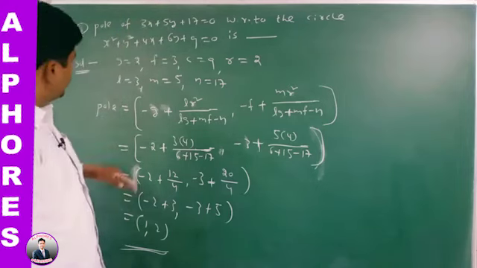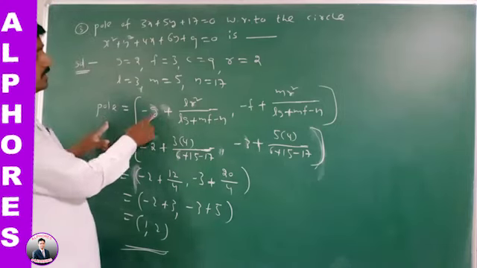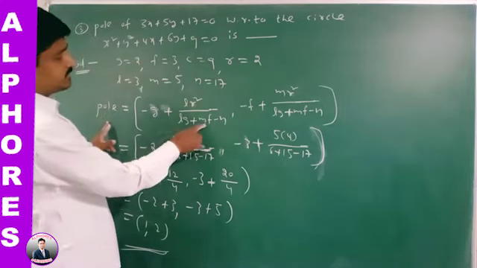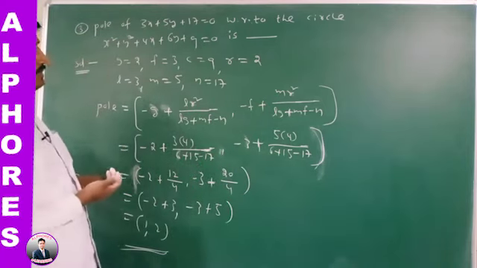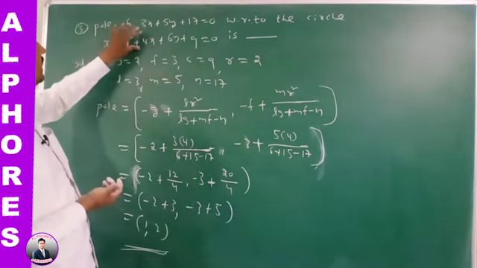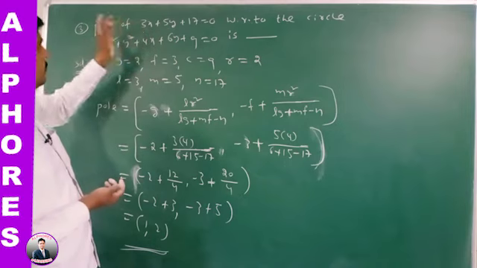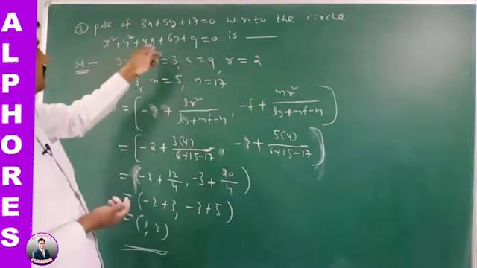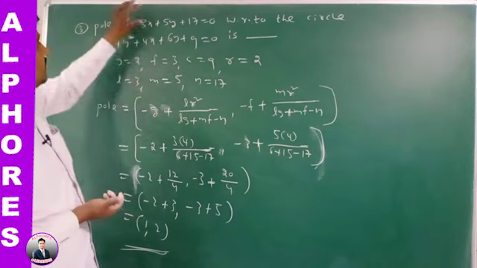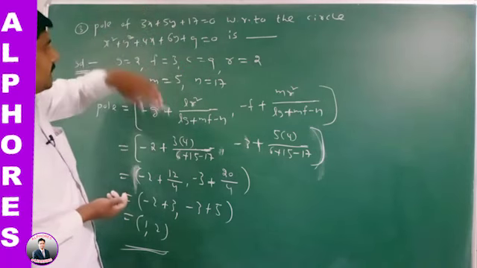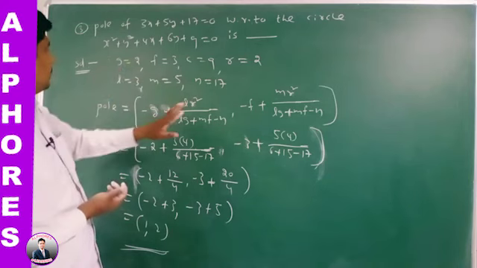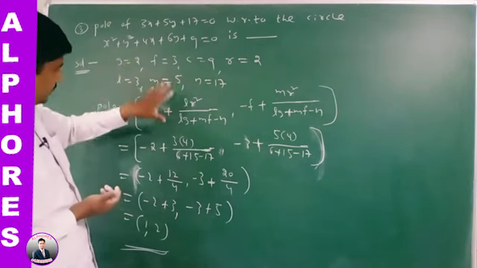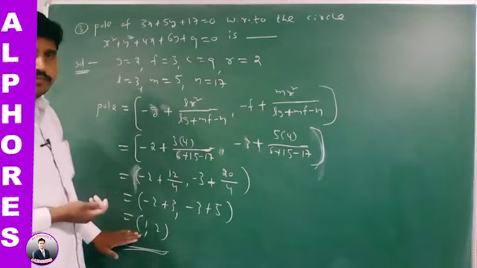We have the formula pole = (−g + l r² / (lg + mf − n), −f + m r² / (lg + mf − n)). Comparing the circle equation with x² + y² + 2gx + 2fy + c = 0 and the given line with lx + my + n = 0, after getting g, f, c or l, m, n, substitute in this formula, we get pole = (1, 2).